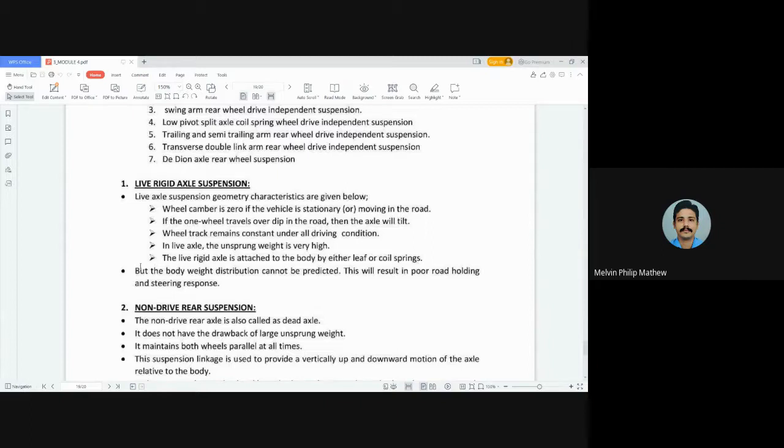Then the live rigid axle is attached to the body by either leaf or coil springs. So these are the suspensions used in live rigid axle suspension. Leaf or coil springs are employed at the rear live rigid axle.